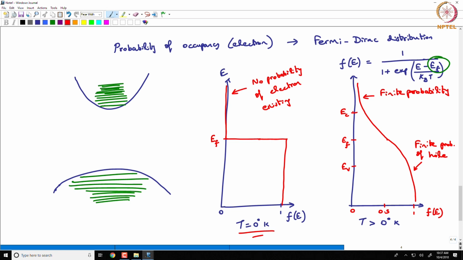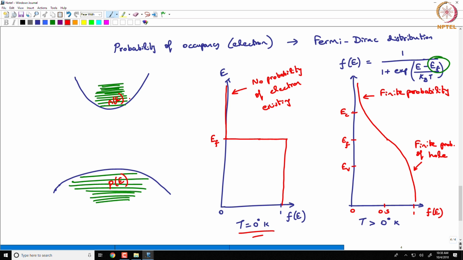So, what we are typically interested in is this quantity. We are interested in what is the concentration of electrons in the conduction band and the concentration of holes in the valence band.